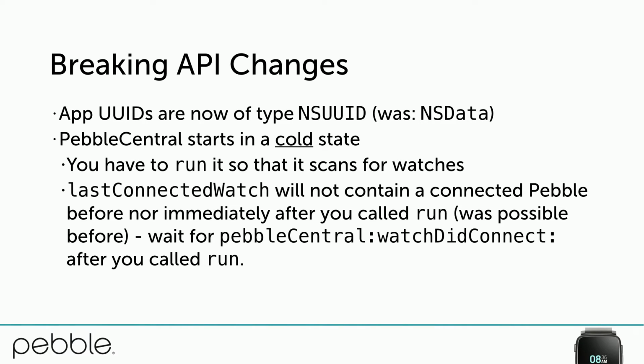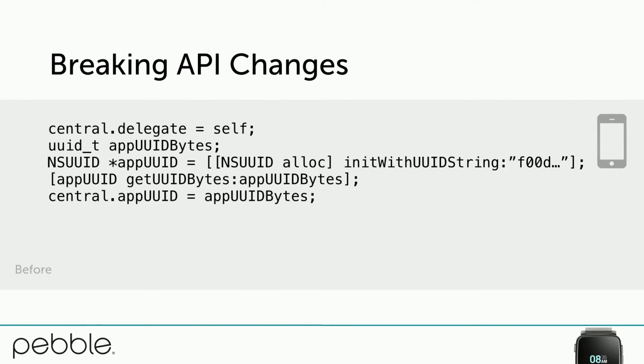The other larger change is that Pebble Central now starts in a cold state. Before, whenever your app just launched, you would just go into the Pebble Central, get the connected watches, and then start talking to them.